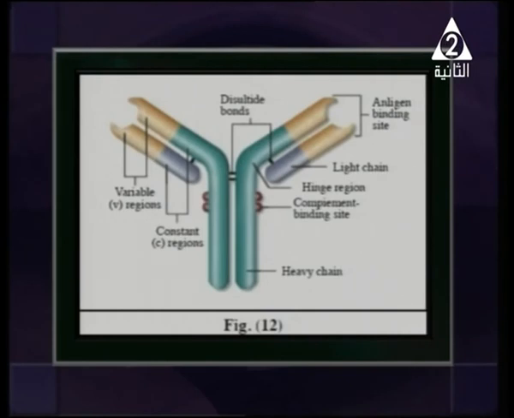One region is variable, and we call it V, and the other is constant and doesn't change from one antibody to another, and we call it the constant region, as it appears in the picture. Variable regions V, constant region C.